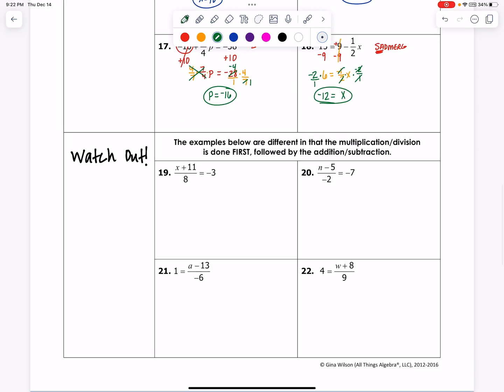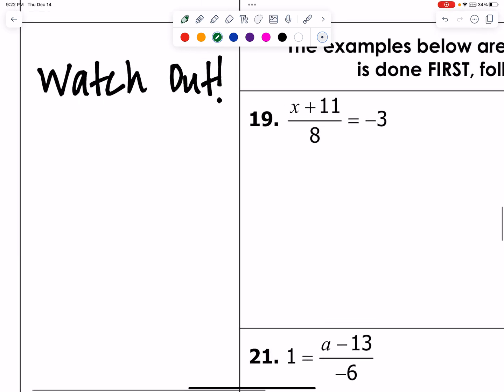All right, last 4. These ones are different because there's some extra little things to be aware of, okay? So I want you to really focus in on SADMERG here, and I'll explain how this works.